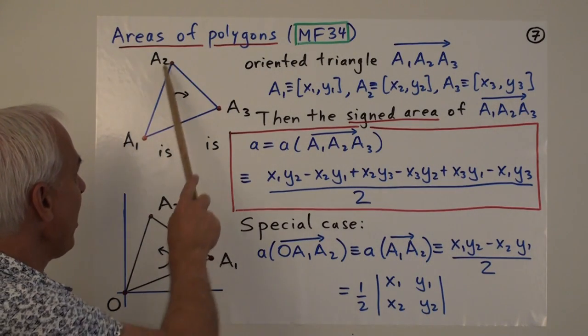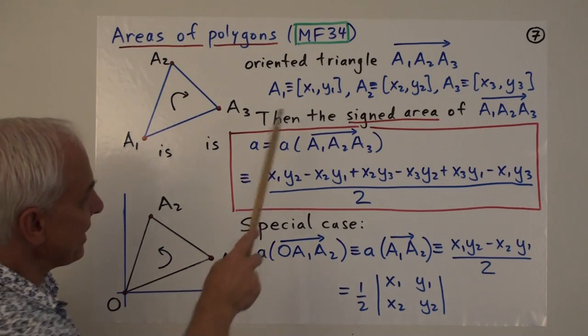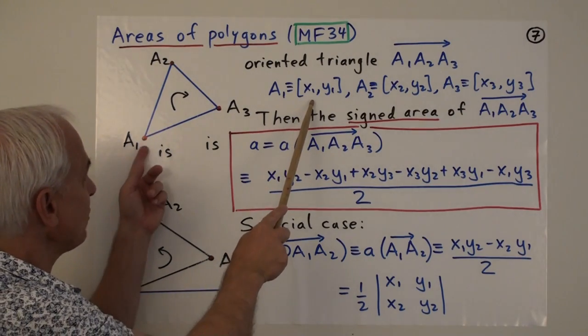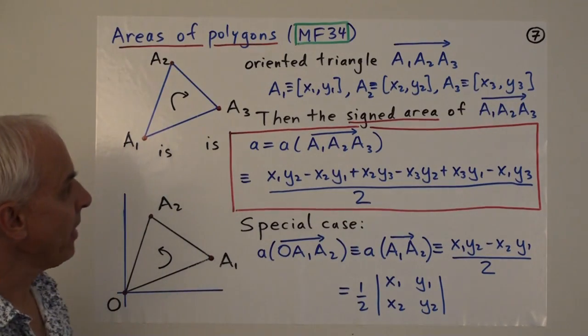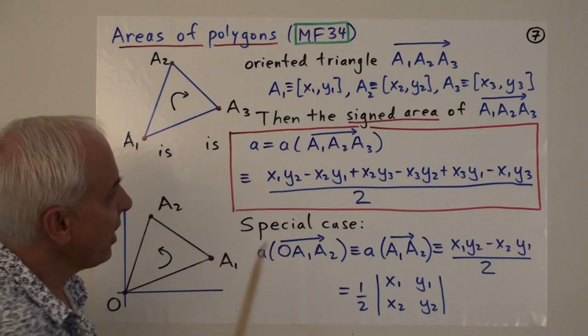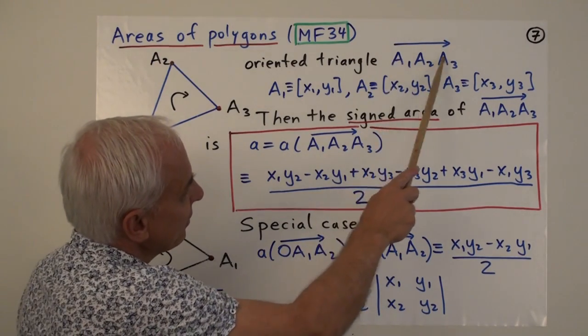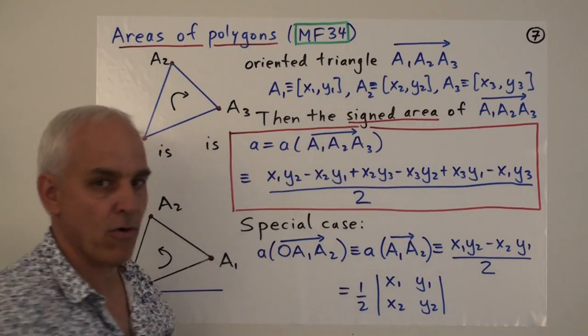So we can start with a triangle A1, A2, A3 in the plane. And let's say its vertices are (x1, y1), (x2, y2), and (x3, y3). And we can think about an oriented triangle. So this is a triangle that's represented with the three vertices, instead of a bar over it, with an arrow over it.